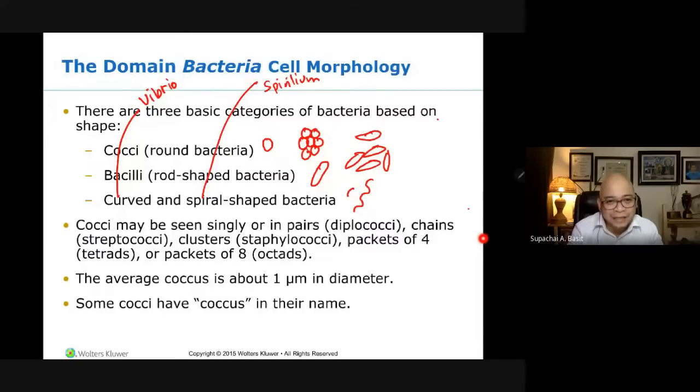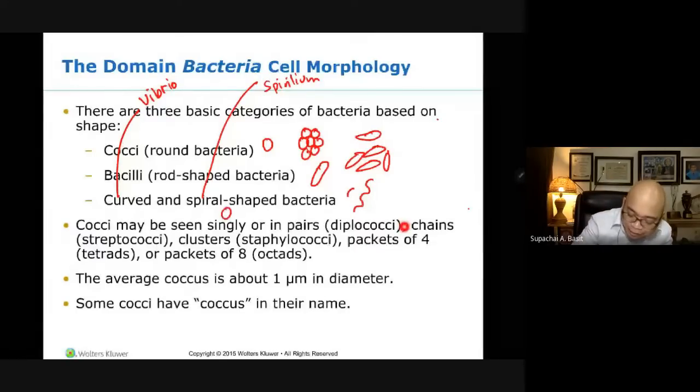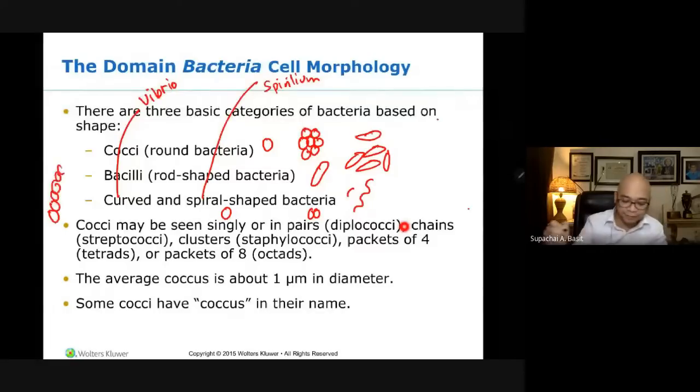Cocci may be seen singly or in pairs, which we call diplococci. Or in chains, which we call streptococci. Or in clusters such as this, which we call staphylococci. Or tetrads.